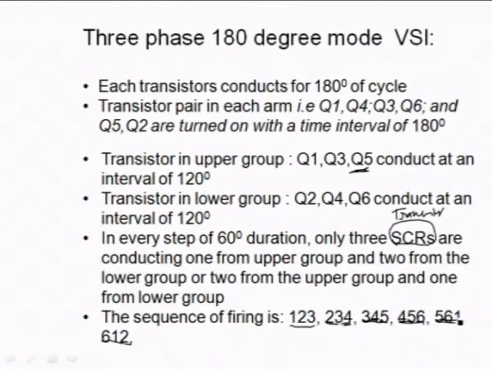In every step of 60 degree only 3 transistors are conducting, either one from the upper group and 2 from the lower, or 2 from the upper and 1 from the lower. The sequence is 1 2 3, 2 3 4, 3 4 5, 4 5 6, 5 6 1 and 6 1 2.